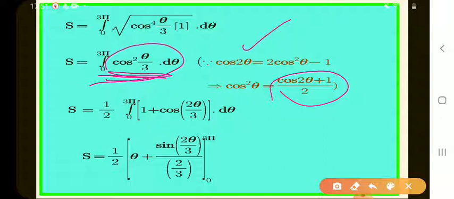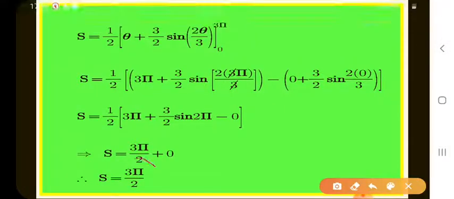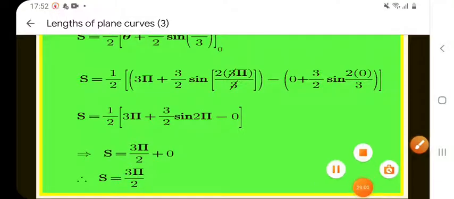That implies what is the cos square theta value? 1 plus cos 2 theta by 2. Here we have theta by 3 in place of theta. So we have 1 plus cos 2 theta by 3, by 2 means 1 by 2, I write outside. After substituting limits, we get the answer 3 pi by 2. This is the answer of the given equation. Okay.